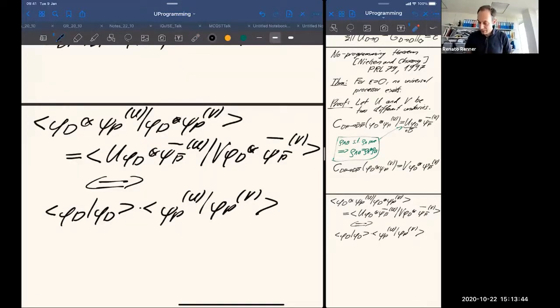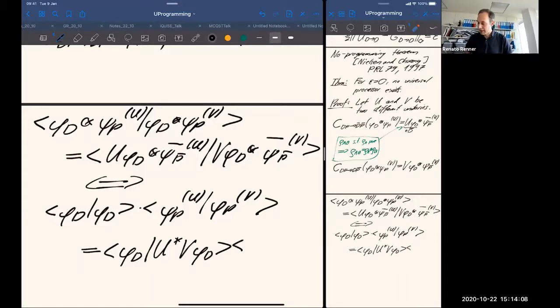And below I again use the same trick. I just write this as a product between the two scalar products. So I get phi d, and here I, in addition, take the u on the other side. So in a scalar product, I can always shift one unitary to the other side by taking the adjoint. So that's this. And then the second term is just this psi p bar that depends on u, and the psi p bar that depends on v.